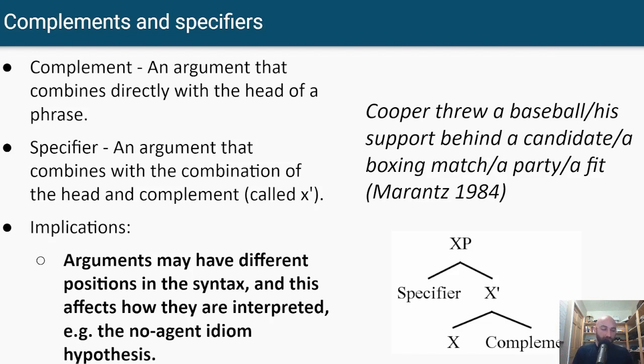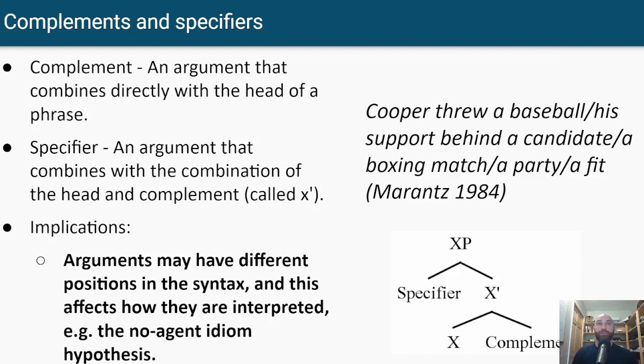They are going to have a verb and a complement, but we're not going to have an idiom where the idiom is formed with a verb and its specifier, specifically when that specifier is an agent. So in Cooper threw a baseball or Cooper threw a boxing match, if I said the referee threw a baseball or the referee threw a boxing match, that doesn't change the interpretation of the sentence. We still have that different meaning of threw, regardless of the subject.